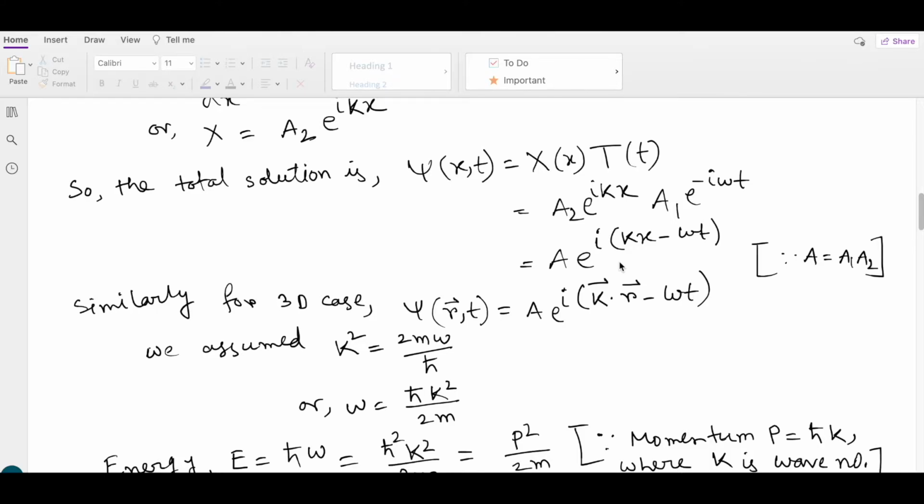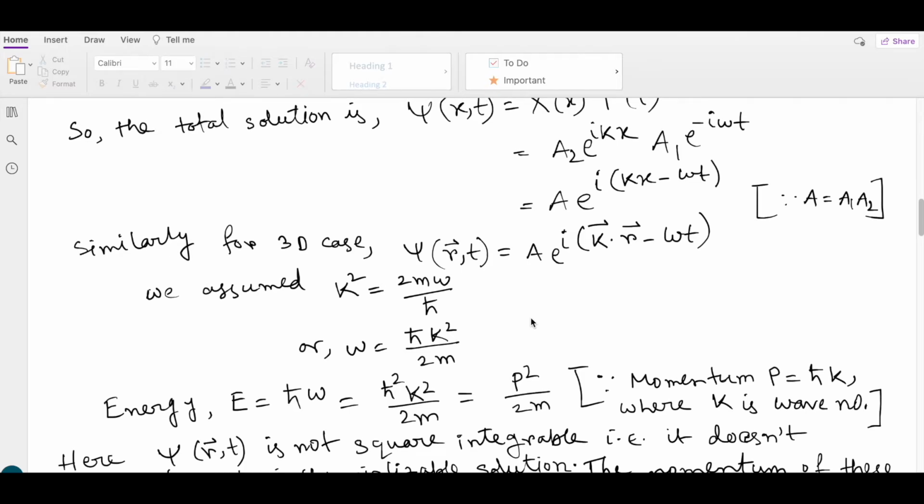Similarly, for the 3D case, we can get ψ(r,t) = a e^(i(k·r - ωt)), where k is the wave vector, r is the position vector, and a is the constant.